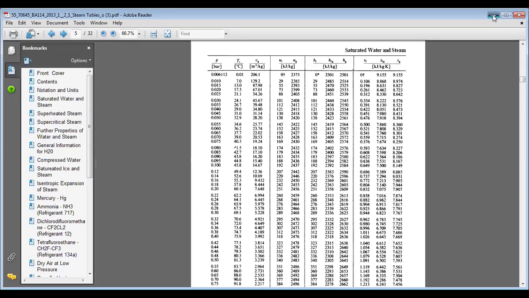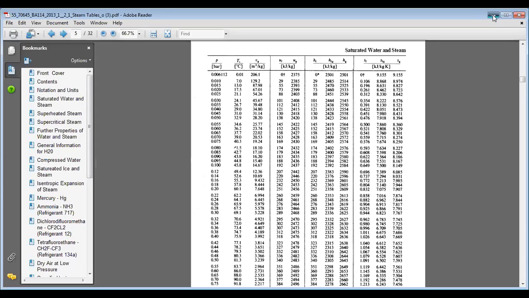Hf is 192. Both the units are kilojoule per kilogram.